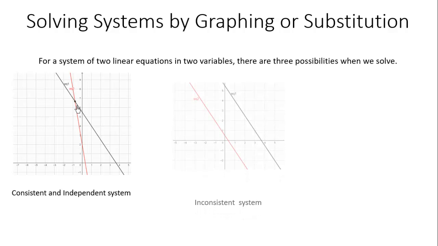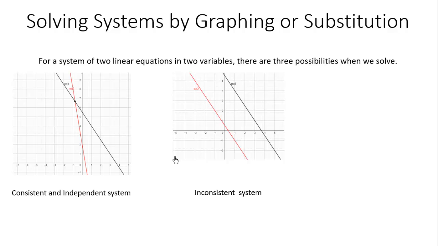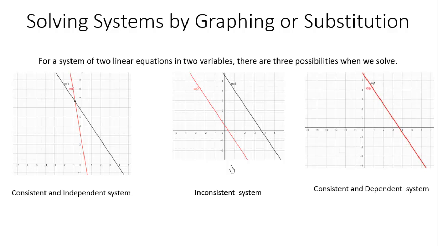Then we have another case where the system is inconsistent, meaning we don't have a solution. As we can see, the red line and the black line will never meet because they are parallel lines, and this system is inconsistent. Then we have another possibility, which is this.